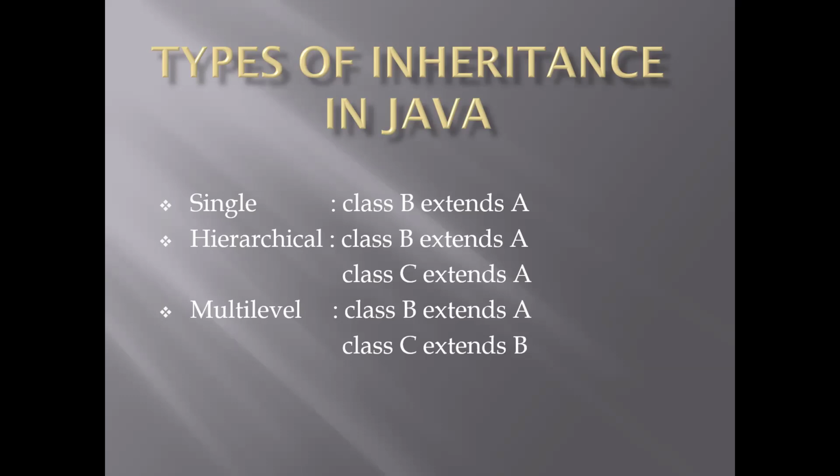So we have grandfather and father and children. So the father acts as a child for the grandfather, right? And acts as a father to his own children, right? You understand? Yeah.